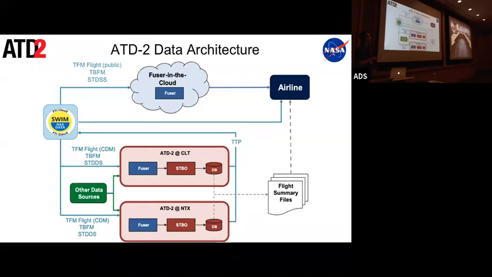Fuser in the Cloud is essentially doing the same type of idea, where it's taking in the SWIM data, fusing it, and then the airlines can directly consume these fused data sources from the cloud. So this is the full ATD2 data architecture. The key idea here is that once you understand the fuser, you can understand the idea of Fuser in the Cloud. So what does Fuser in the Cloud enable?